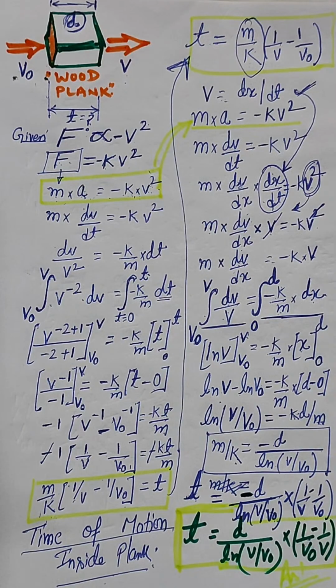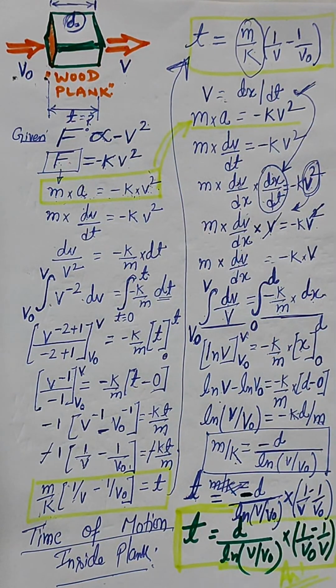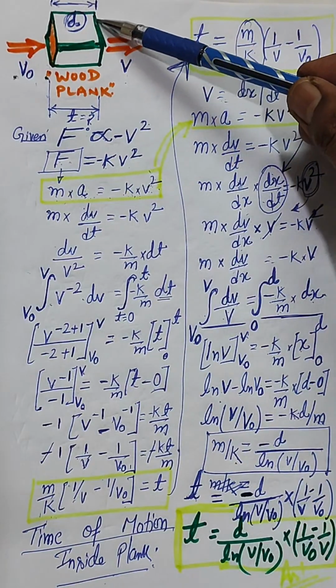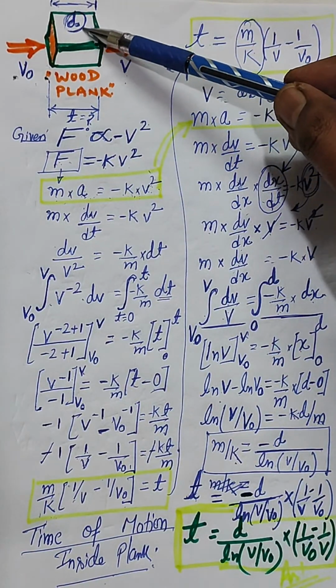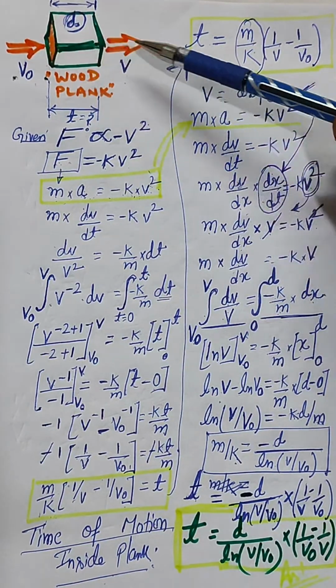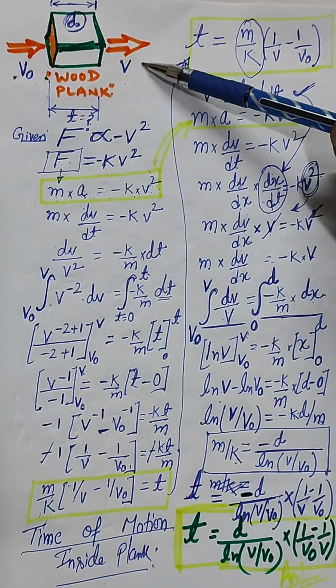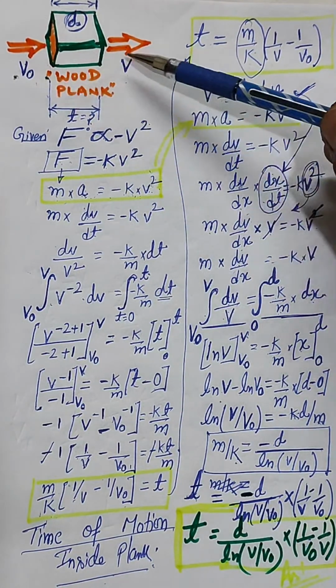The question was that, having penetrated a plank of thickness d, the bullet changes its velocity from v0 to v. You can see the entering and exit points of the bullet, and the velocities are v0 and v.